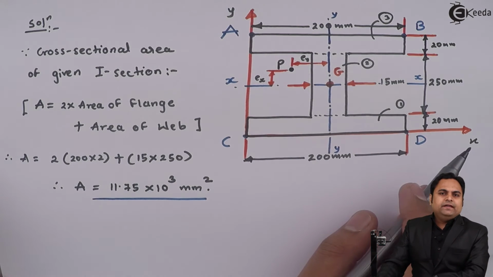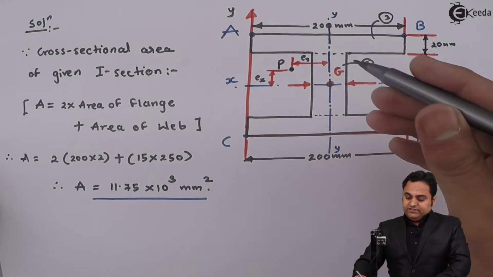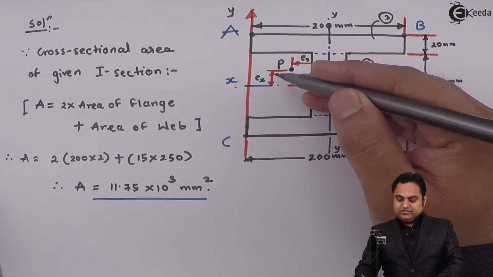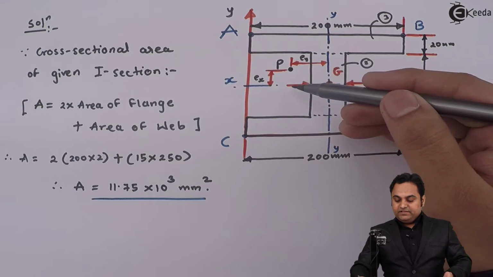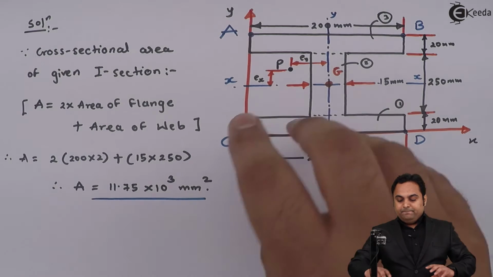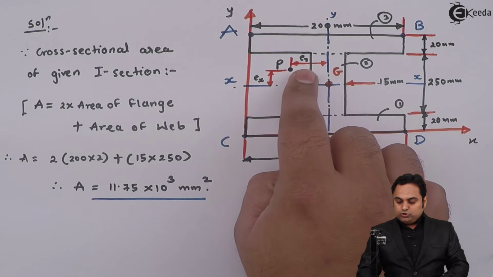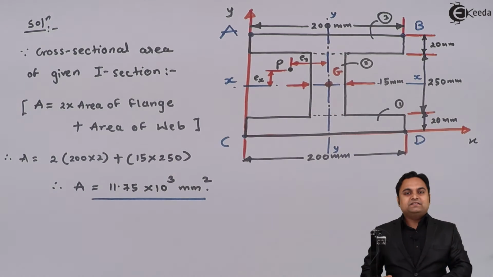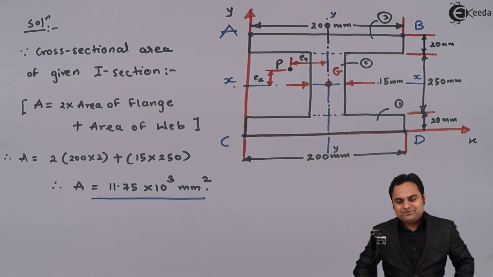So load upon area will give us direct stress, and because of the eccentricity with respect to x-axis, there will be bending about x-axis. Similarly, here we have Ey, so because of this Ey distance there will be bending about y-axis.